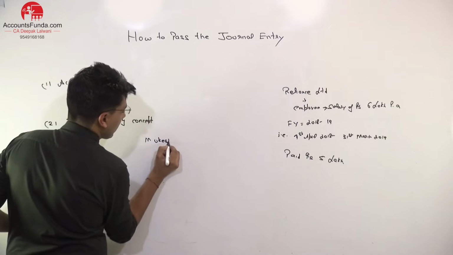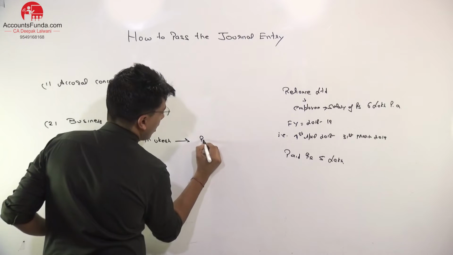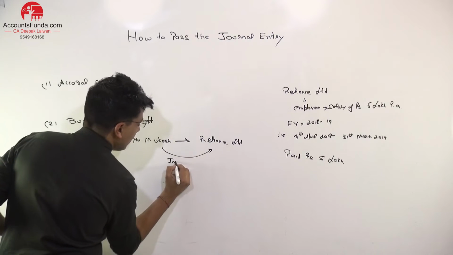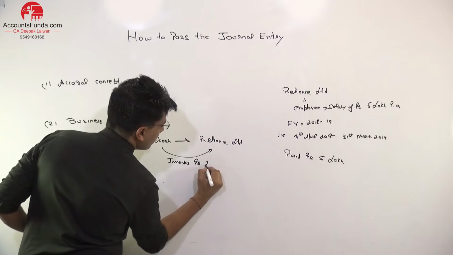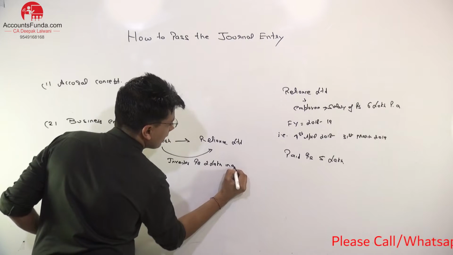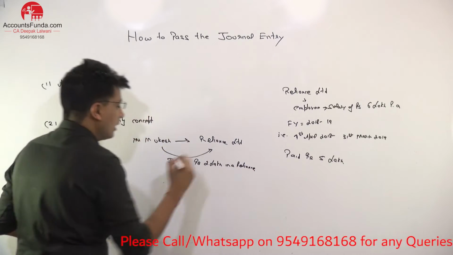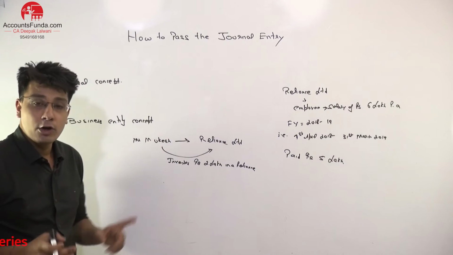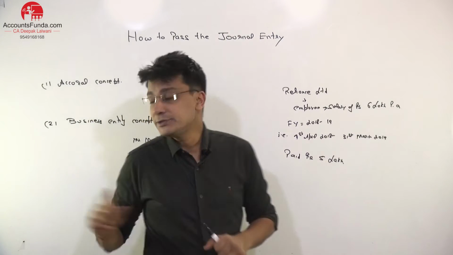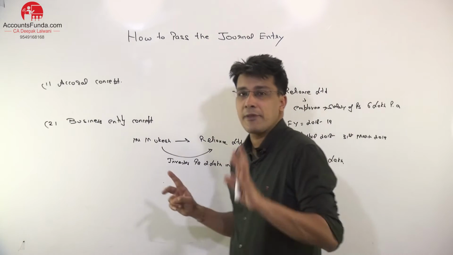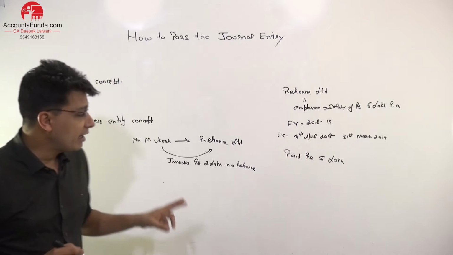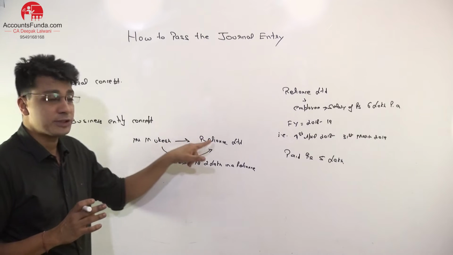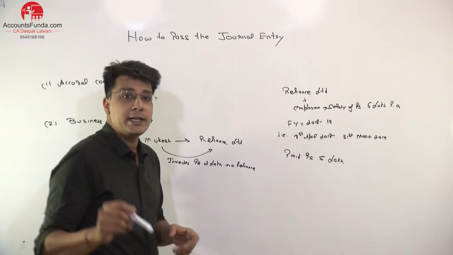Let's suppose Mr. Mukesh has started a company called Reliance Limited and he has invested, let's suppose, rupees 2 lakh in Reliance. Now first of all you need to know that Mr. Mukesh and Reliance Limited are two different entities. So whenever you make an account for Mr. Mukesh or Reliance, first you need to understand for which entity you are making the account.